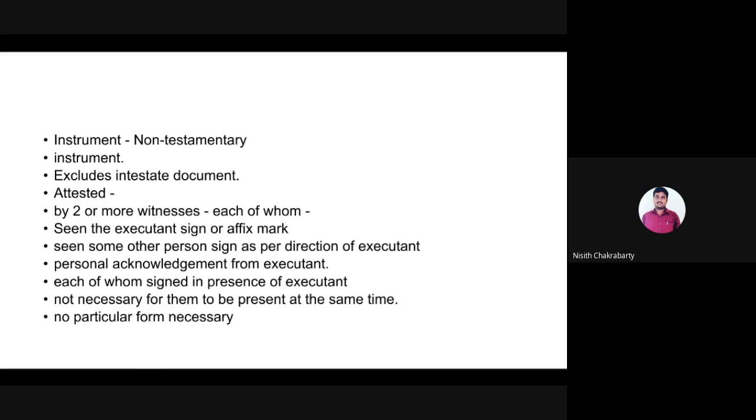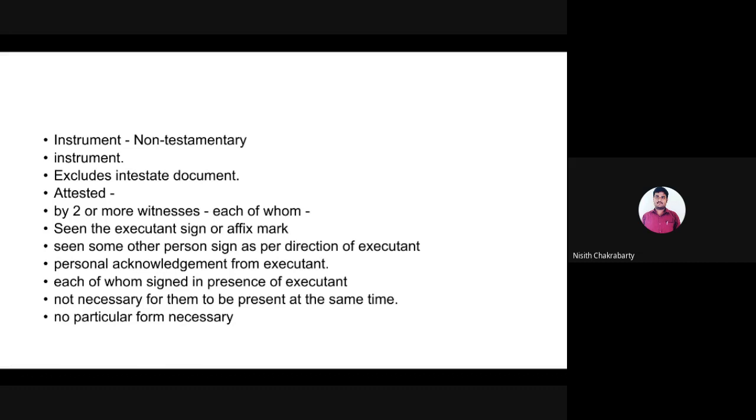Then it excludes the intestate documents, all the documents or instruments dealing with intestate succession, that means they are being governed by Hindu laws, Mohammedan laws, or other personal laws. In that case, they will not be included in the concept of instrument.